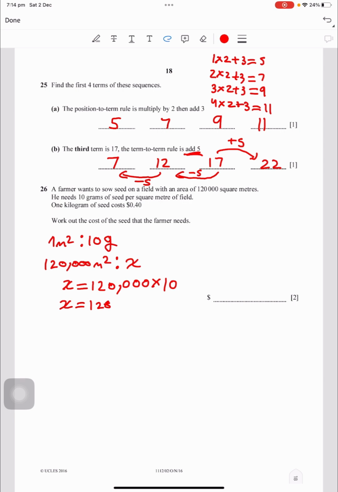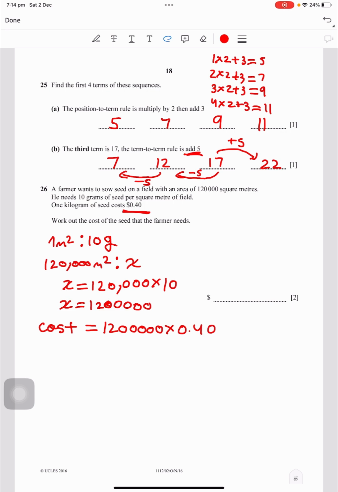We need to add 1 extra 0, 1, 2, 3, 4. There are 4 zeros, so now we'll add 5 zeros. There we go. So now we got to this. So cost is equal to 120 with 5 zeros, times, we'll multiply this by $0.40. 0.40.